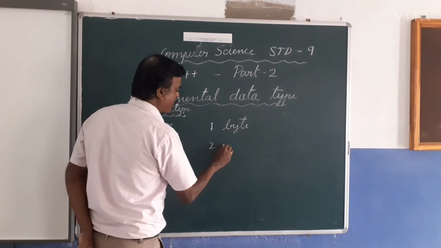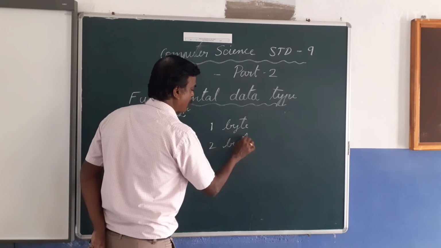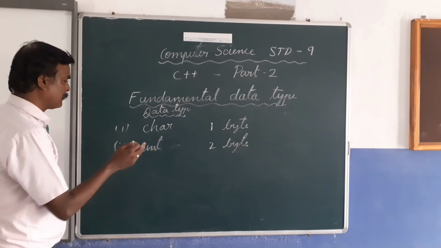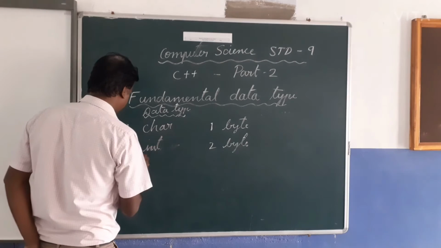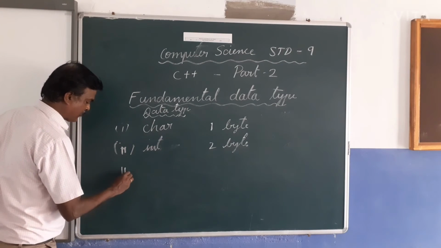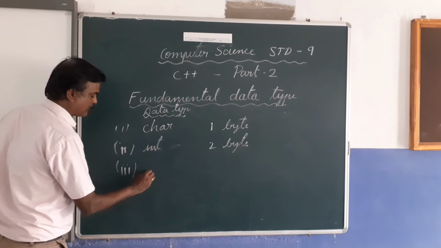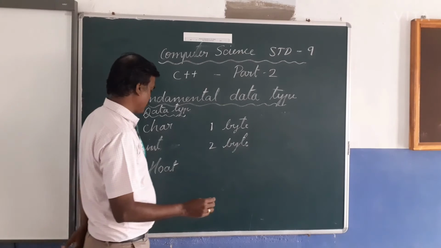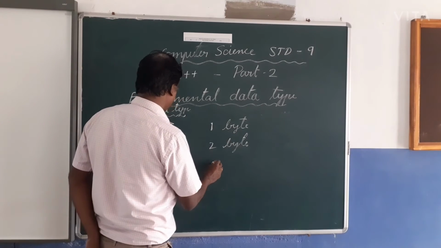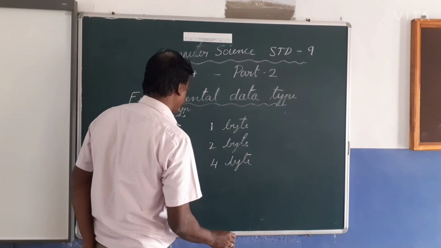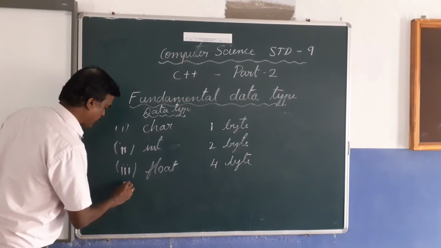It stores 2 bytes. Next, third one is float. Float data type stores 4 bytes.